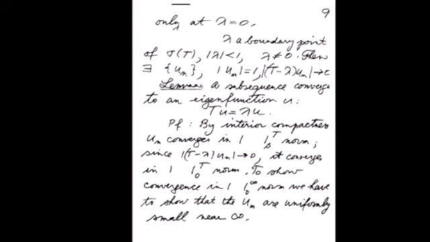Now, again, there's no difficulty, since the norm of un over the interval 0 to infinity is bounded, we know that in any subinterval S, T, there is a convergent subsequence.